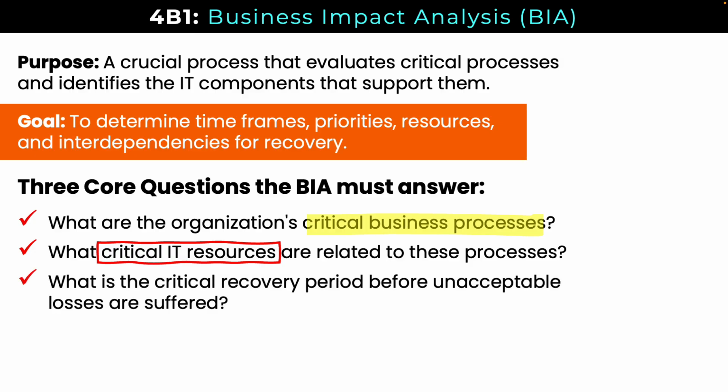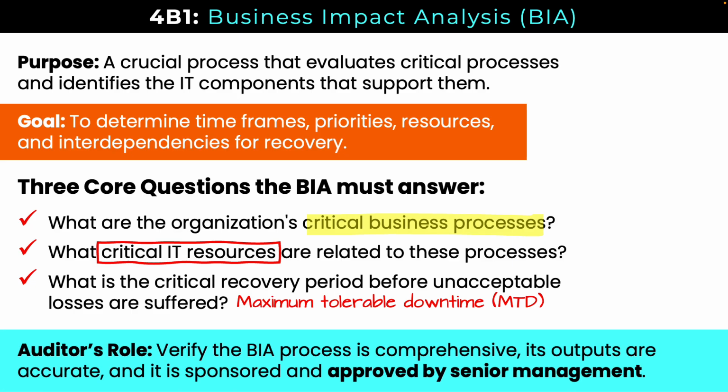What is the critical recovery period before unacceptable losses are suffered? That's what we call the maximum tolerable downtime, or MTD. As an auditor, your role is to verify the business impact analysis process is comprehensive, that its outputs are accurate, and that it is sponsored and approved by senior management. Those are the folks that are going to go get the budget to pay for the business needs.